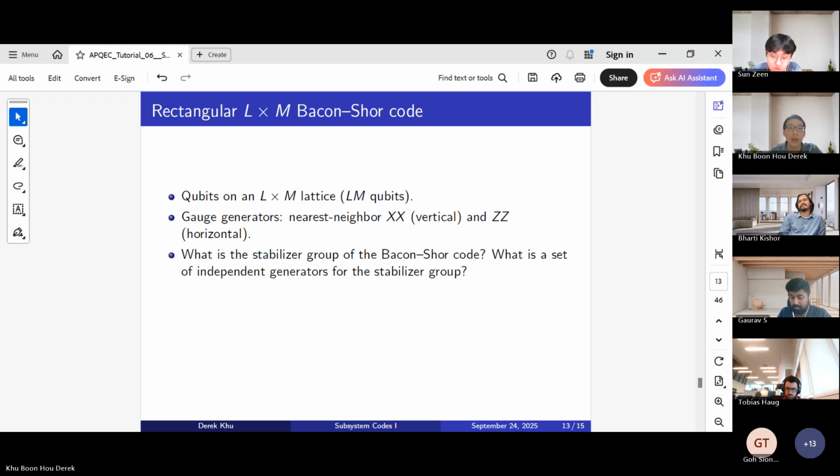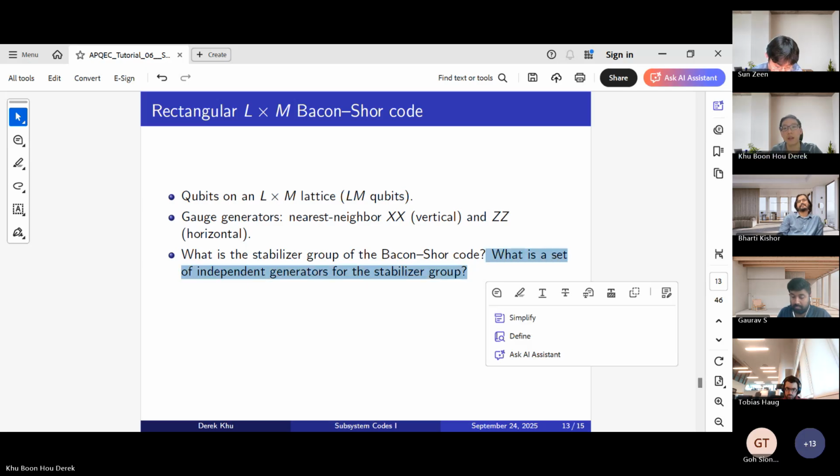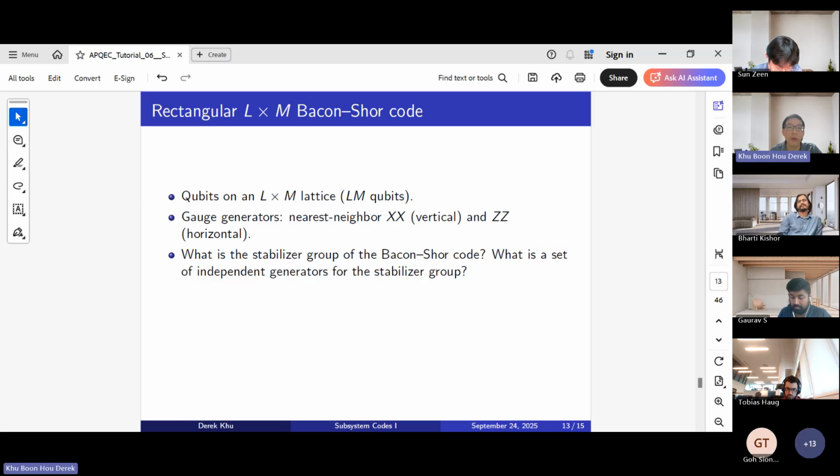Basically, what I'm asking is, what is the size of the stabilizer group? Remember, things in the stabilizer group must commute with all the gauge operators, so it must be the center of the gauge group, minus the complex i times the identity.